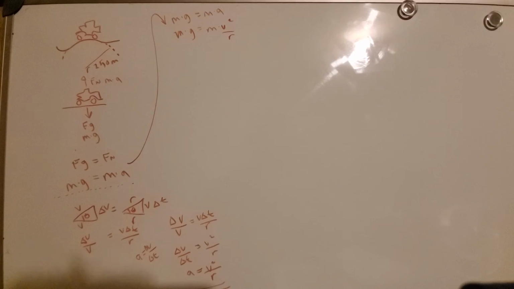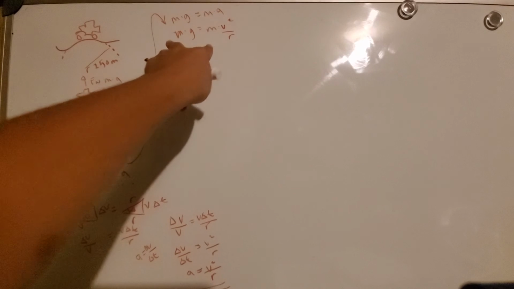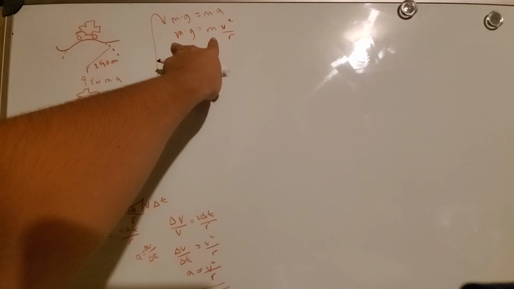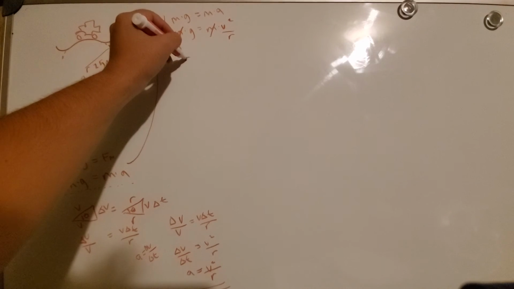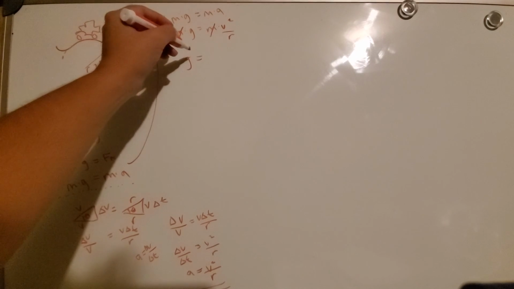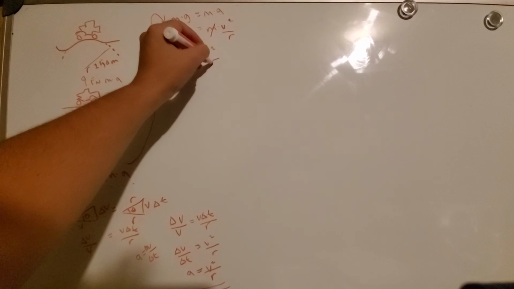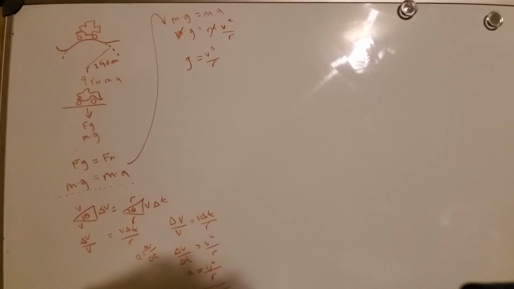Now it looks more polished. We see we have m's on both sides, so we can cancel like terms. Cancel out the m's, and we're left with gravity is equal to v squared over radius.